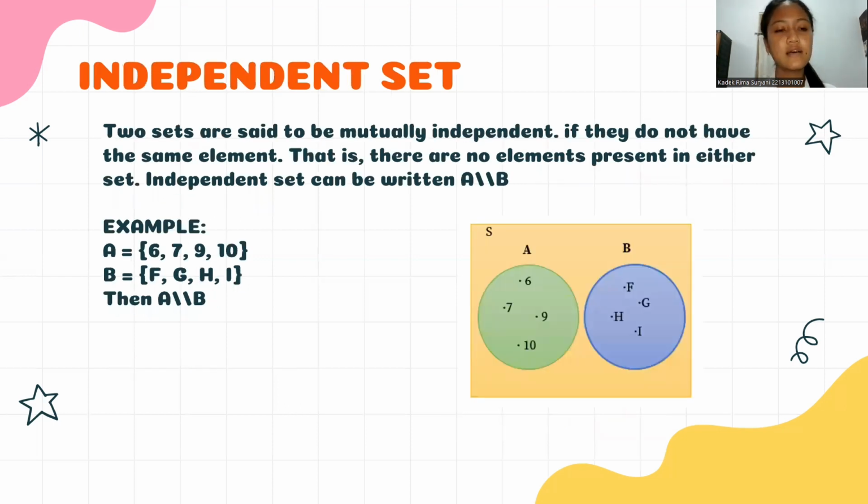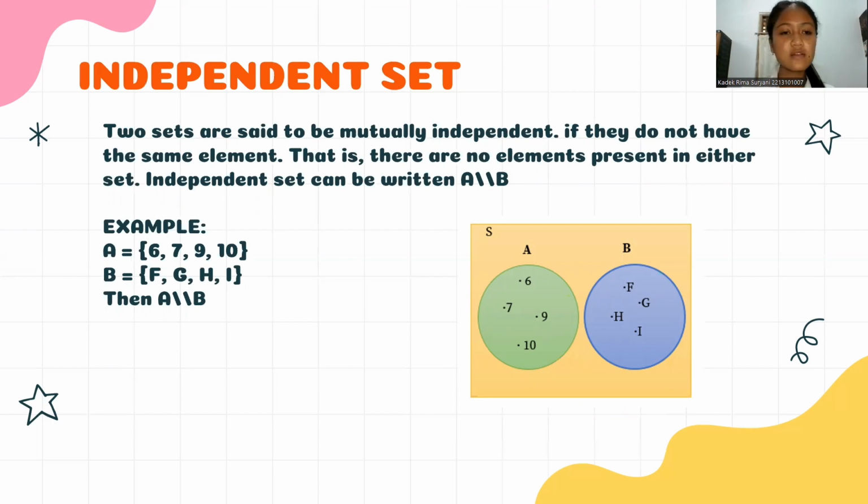For the last operation of sets is disjoint sets. Two sets are said to be mutually disjoint if they do not have the same element. That is, there are no elements present in both of the sets.